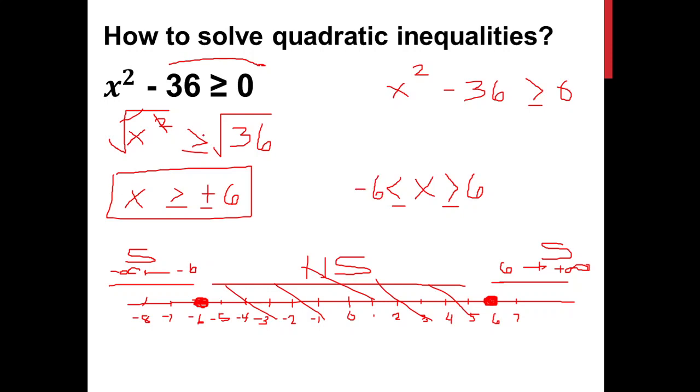Again, because we are using the greater than or equal to symbol. So to read this one, you need to read it both ways. So you have values of x greater than or equal to 6 are solutions. Values of x, sorry, this is less than. So any values of x less than or equal to negative 6 are solutions.